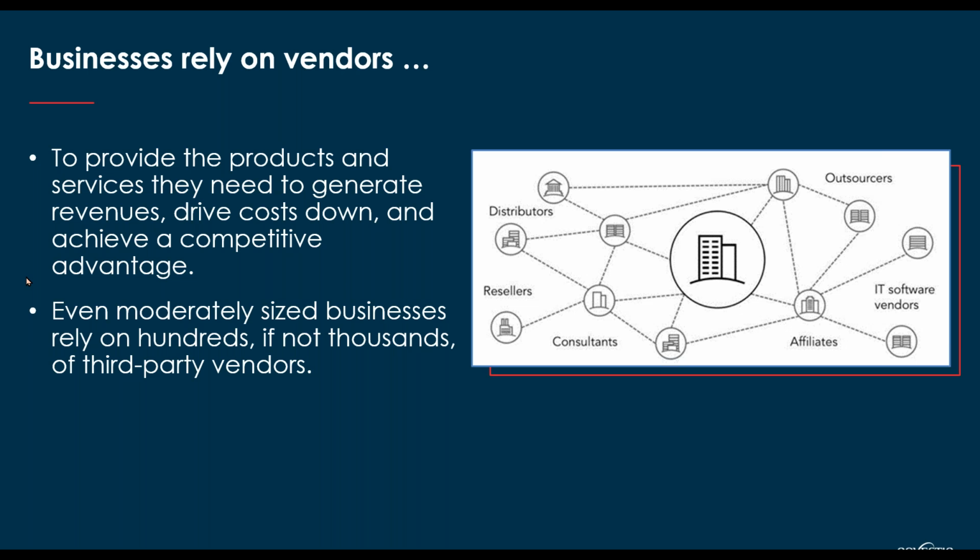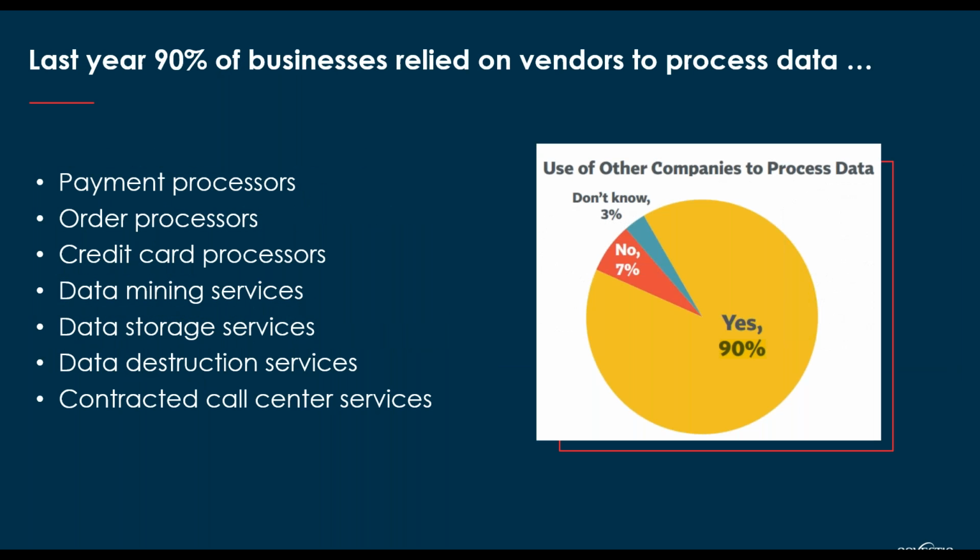And one of the most common types of third-party vendors that businesses rely on are data processing companies. So last year, 90% of businesses reported that they relied on vendors to process data on their behalf.